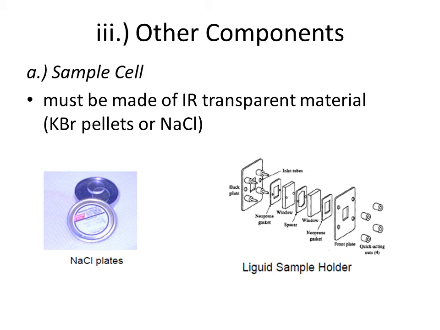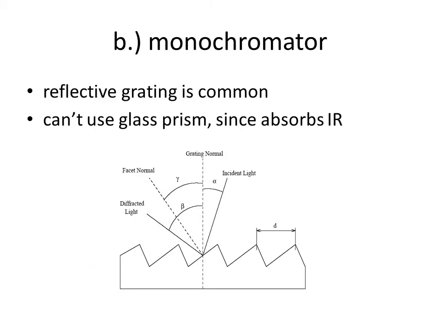The other components, we already discussed sources and detectors. What are the other components used in an IR spectrophotometer? The sample cell can be made of IR transparent material, maybe KBr pellets or NaCl. Both the NaCl plates and the liquid sample holder using KBr are shown in the diagrams.